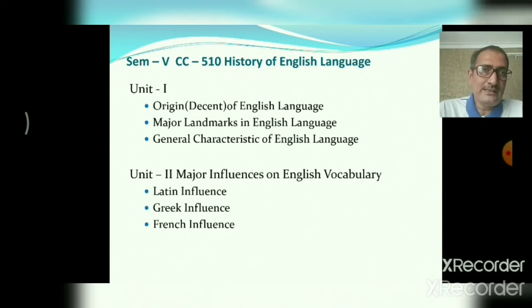Because English cannot be divided from all these languages. All these languages have inputs for English language.